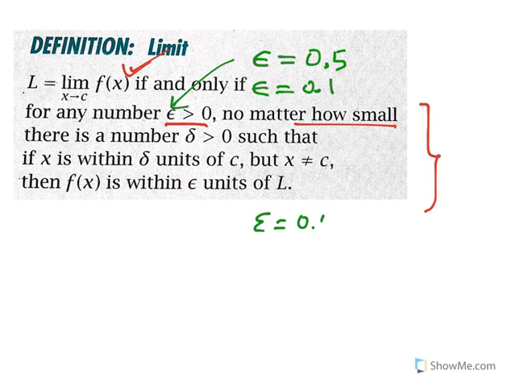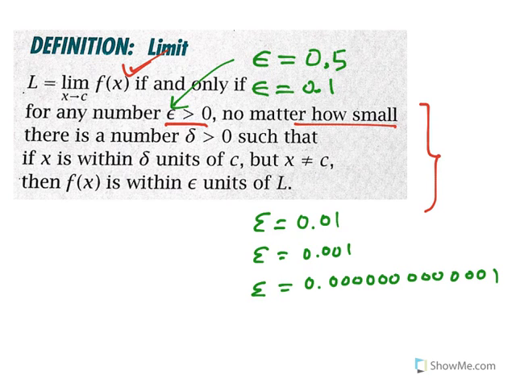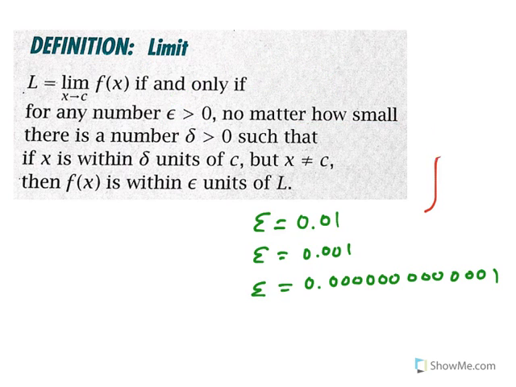Epsilon could be 100th, or even something smaller, 1,000th, or even something ridiculously small. No matter how small epsilon is, let's see if we can continue reading the definition.